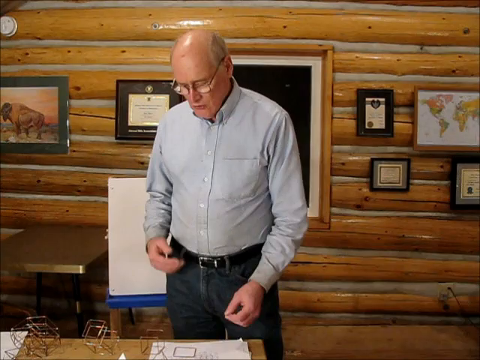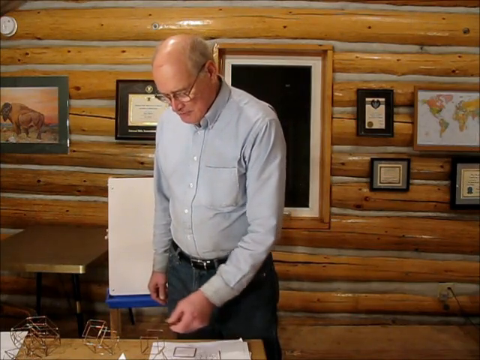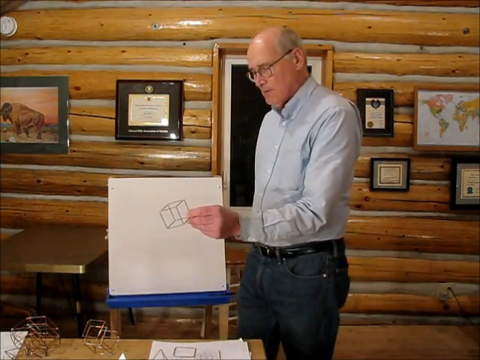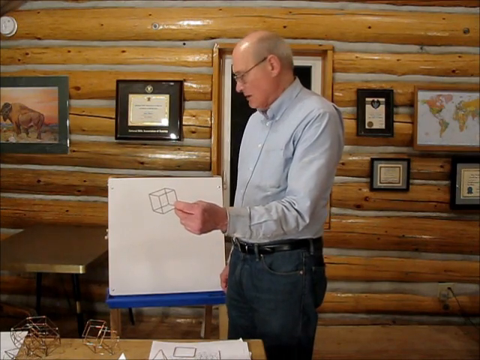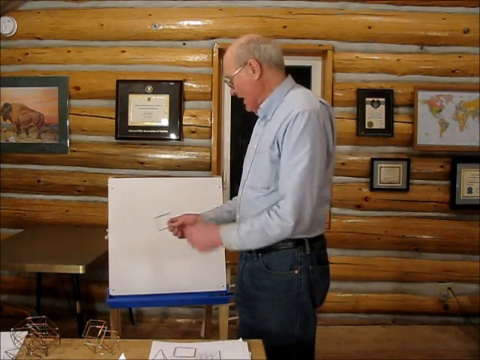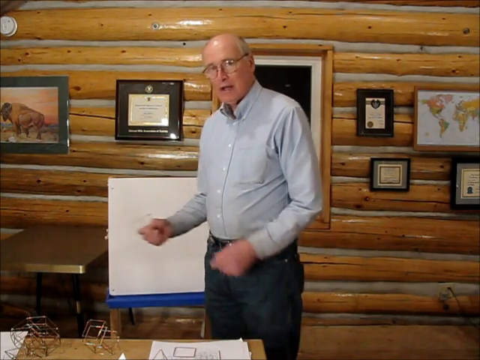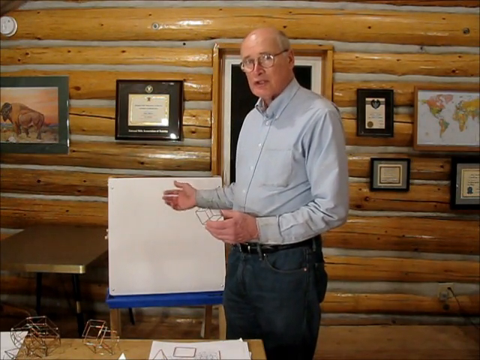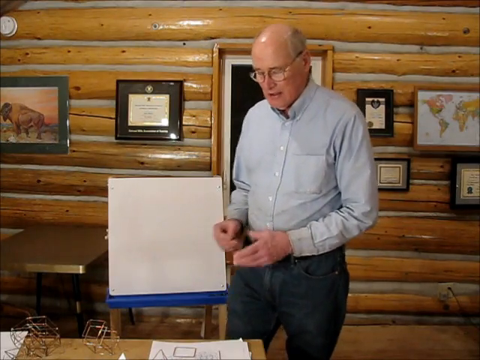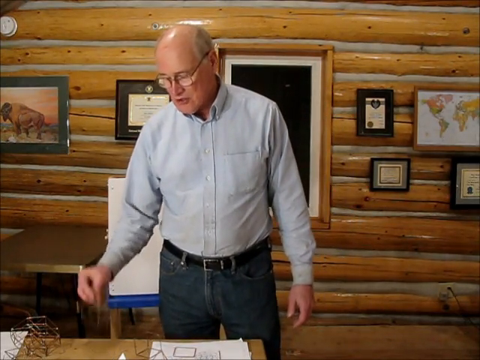But another thing we could talk about is projections. So, for example, here's a 3-dimensional object, but if we cast a shadow of it on a white surface, we would have a 2-dimensional projection of a 3-dimensional object.